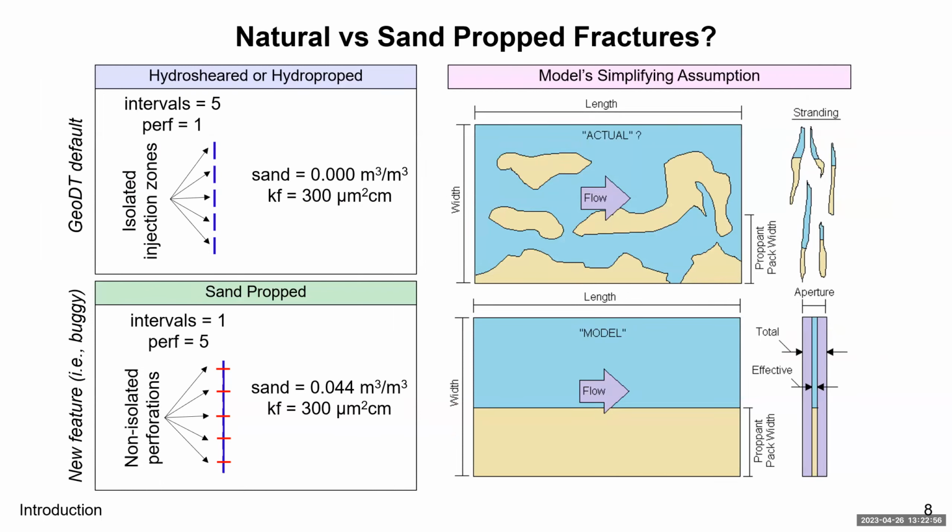We have a question on the split flow between the different injection zones in the chat. When you're using the perforation, or sorry, the interval variable, anything other than 1, GeoDT will actually split the injection well into basically a dashed line, and each one of those intervals will be treated as its own injection well by the solver.